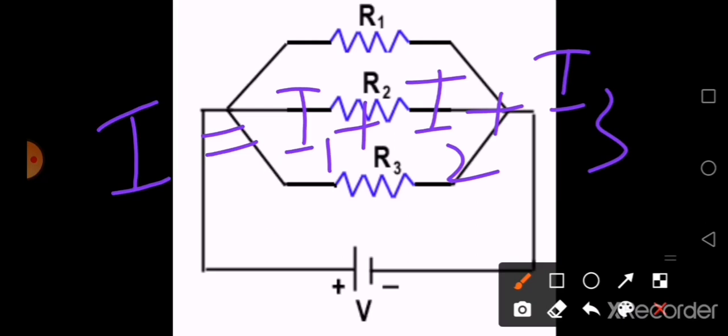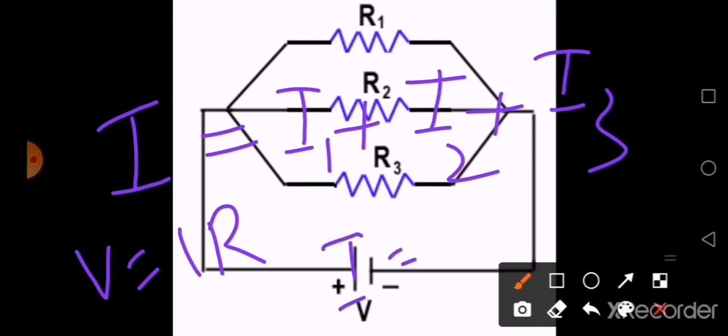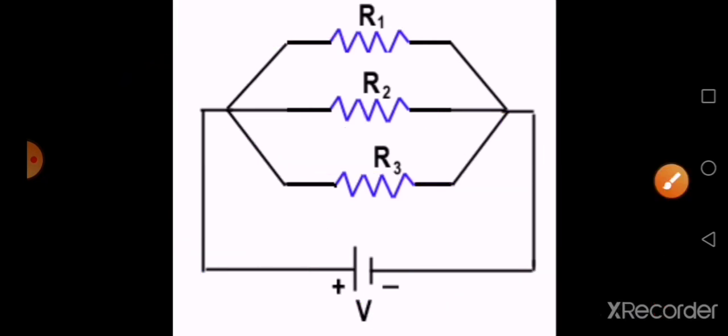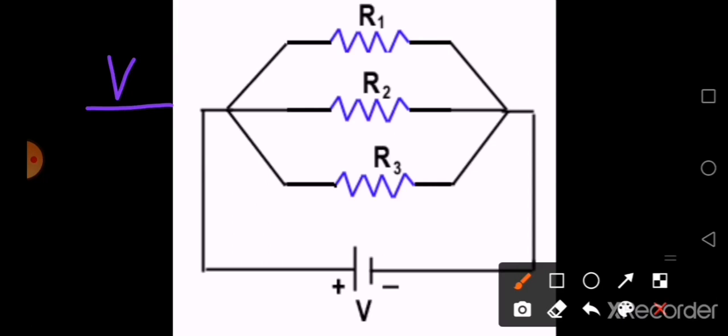Now, from the equation V is equal to IR, you have learned I is equal to V by R, isn't it? So this you are going to apply in the main equation. Okay. So when you apply that, what you will get? Instead of I, you can write it as V upon R effective, will be equal to, what you will get?